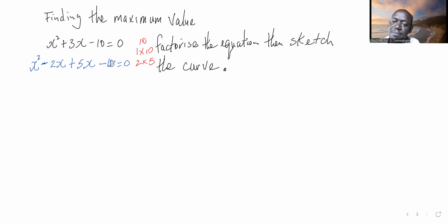So I'm helping people. I want to see the answer. And you're going to work out, after you factorize this, do a sketch, and then I'll explain to you where completing the square comes in with your sketch. Hurry up.